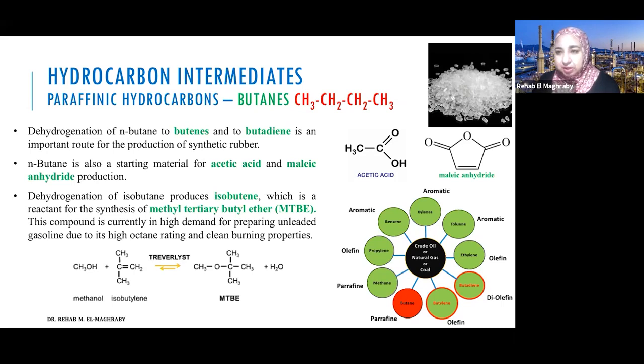But actually, it is prohibited in the USA because of the carcinogenic effect of this material. In other parts of the world, it is accepted as a blend with gasoline to increase the octane number. Also, normal butane can be used to produce acetic acid and maleic anhydride. Acetic acid is here, and maleic anhydride is here. These are also important intermediate materials for the petrochemical industry.